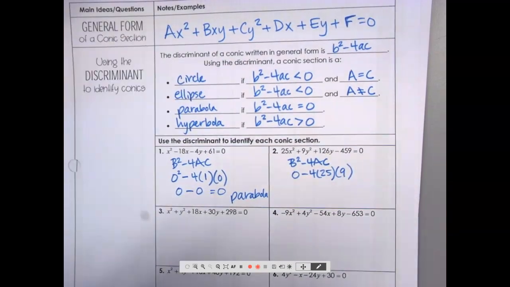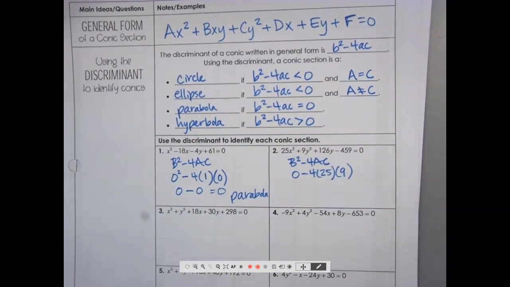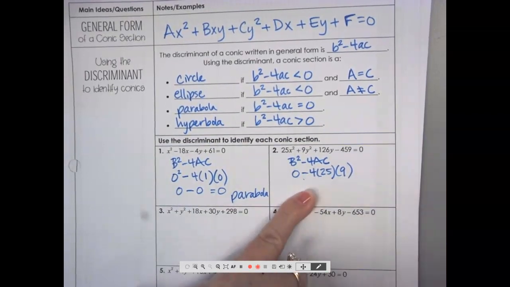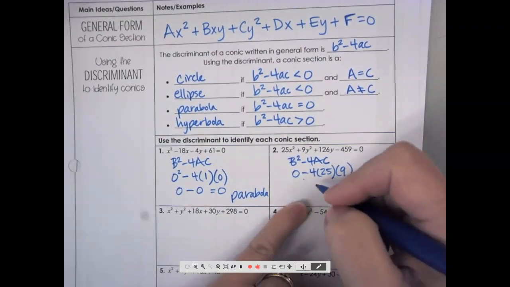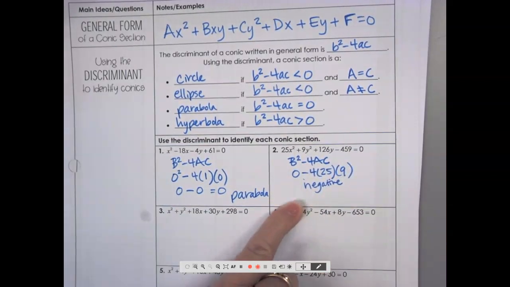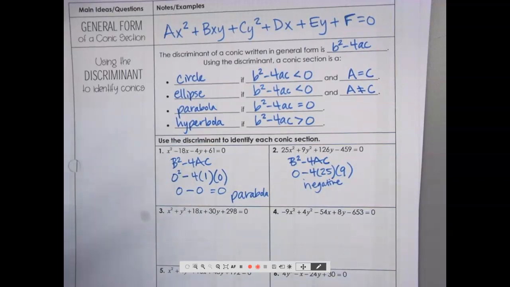Now guys, don't grab your calculator. What kind of number am I going to get there? Definitely negative, because all of this is a positive number, but I'm subtracting it. So it doesn't even really matter the number I get. If I can just realize what sign it will be, is it 0, positive, or negative, then I've got my answer there. Okay, so it's negative.